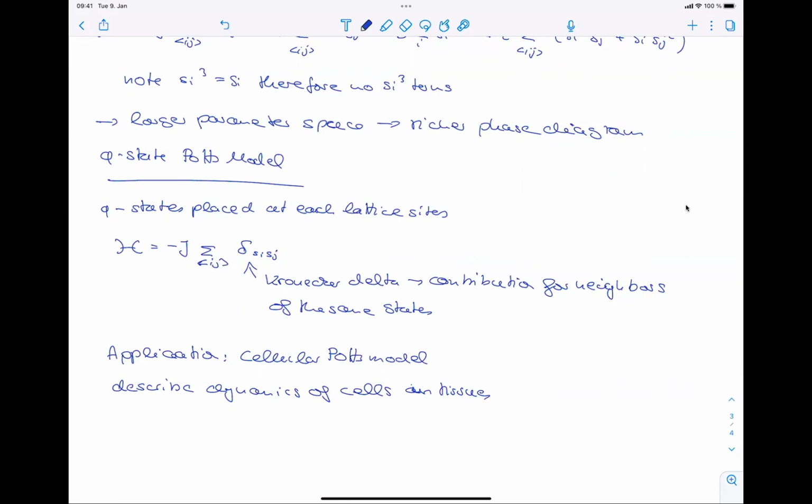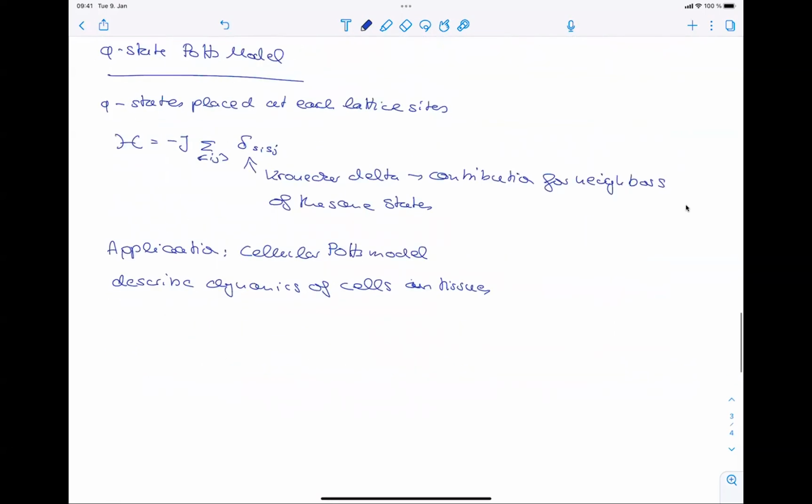The way you can describe this with a Potts model is that the Q states represent the Q-1 different cell types that you have in your tissue. And you keep the last one for empty space, just in case.